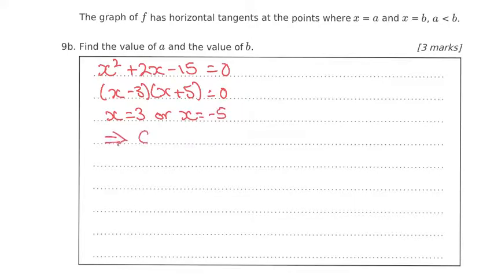Therefore, a is equal to minus 5 and b is equal to 3. 9c, sketch the graph of y equals f of x. Well, we know that the roots are minus 5 and 3, and we know that c is equal to minus 15. So our graph would look something like this.